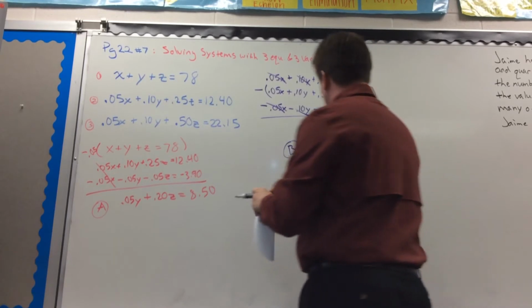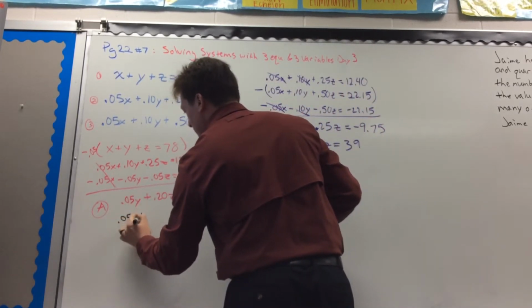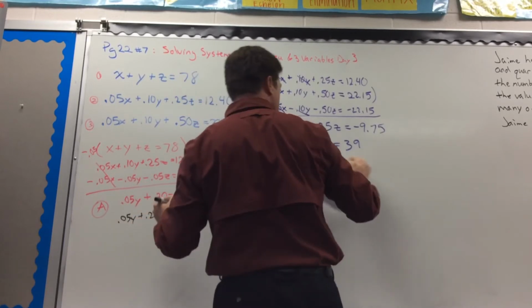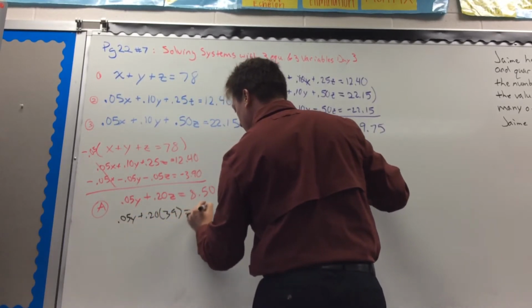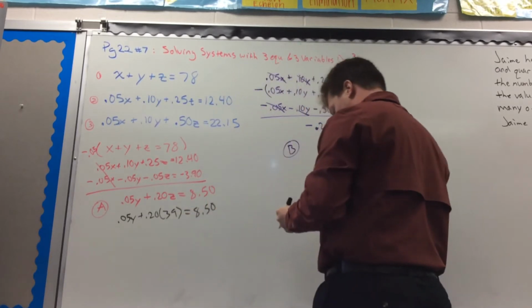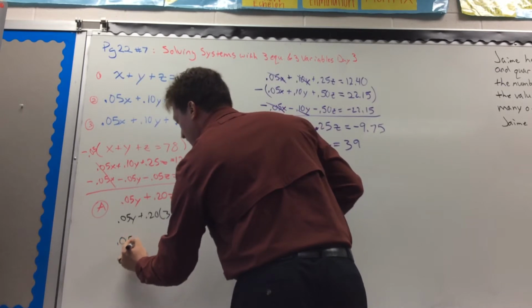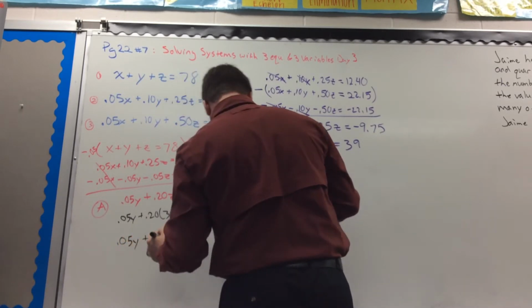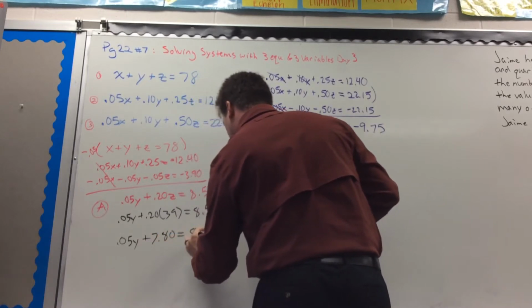So here's what I have. 0.05y plus 0.20 times 39 is equal to $8.50. So I'm going to put that together. That gives me 0.05y plus $7.80 is equal to $8.50.